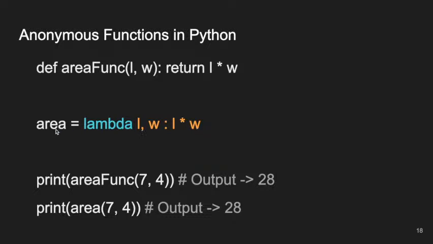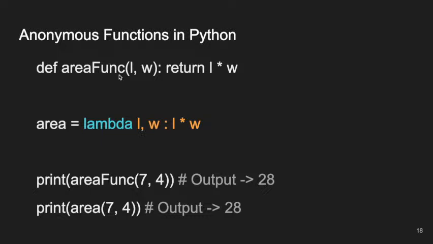So this is the equivalent of this. This is how you write your normal function in Python. This is how you write an anonymous function. We know that this function is anonymous because it has the keyword lambda. This function, we know that it is not anonymous because we have the def keyword and then the function name.